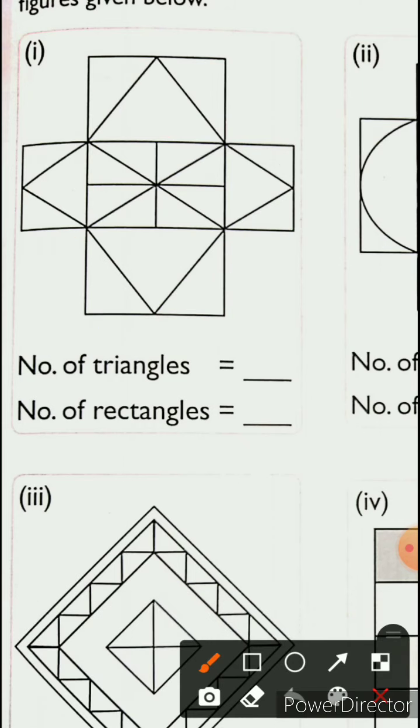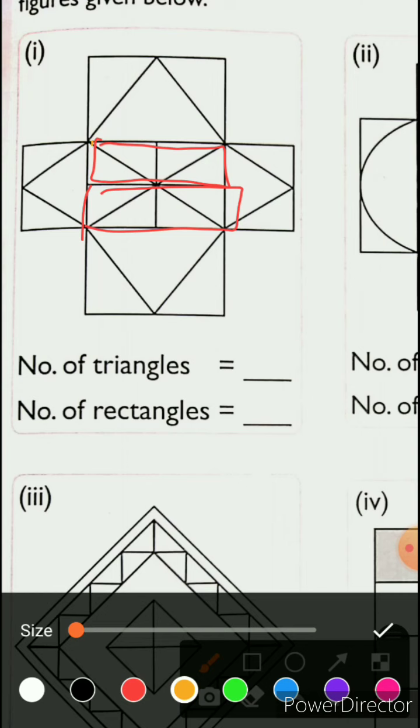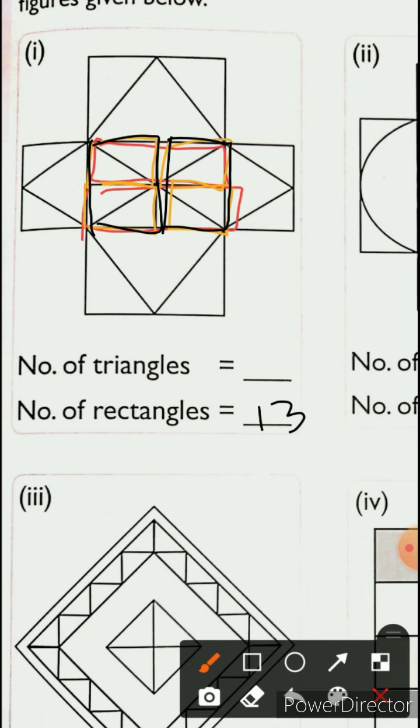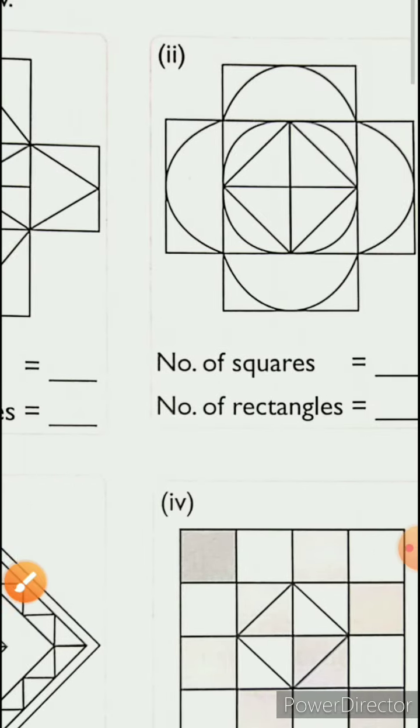Now check other rectangles also. 6, 7, 8, 9, 10, 11, 12, 13. So total we have 13 rectangles here.